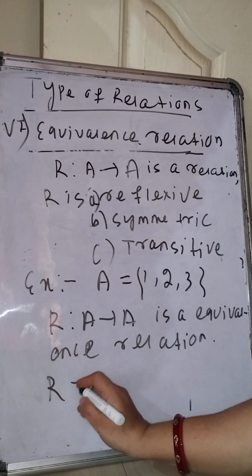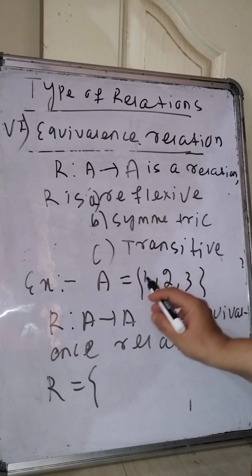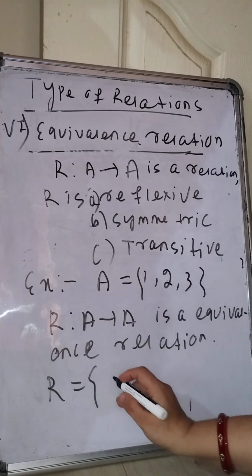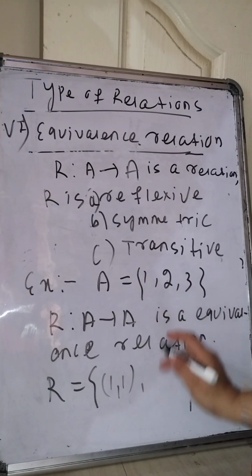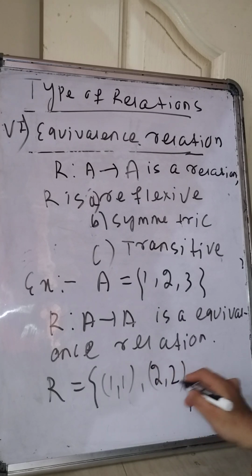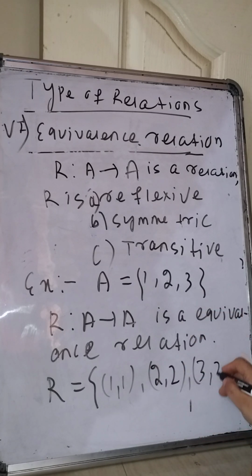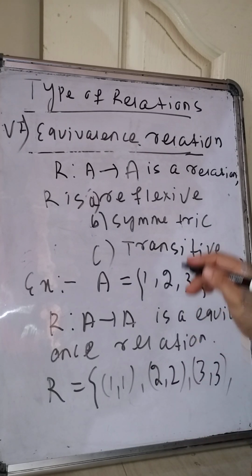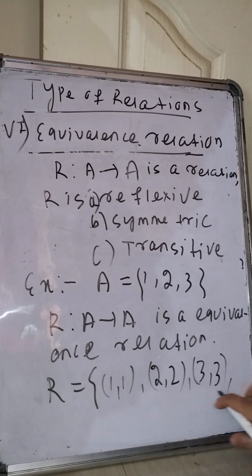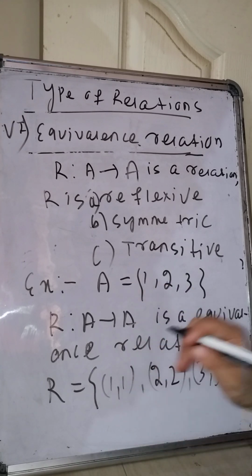Which type of ordered pairs will you consider in this relation? First, reflexive means the ordered pairs (1, 1), (2, 2), (3, 3). This is satisfying the reflexive relation. Each individual element is related to itself.